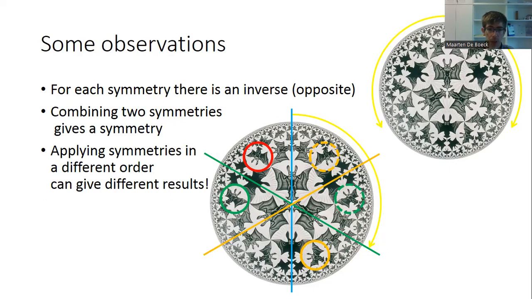Okay, these observations are important, and especially because we have these first two things, mathematicians will call this a symmetric group. The symmetric group is the set of all the symmetries and the rules about how to compose them.